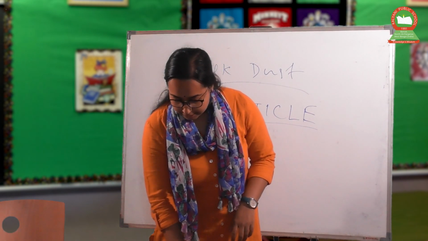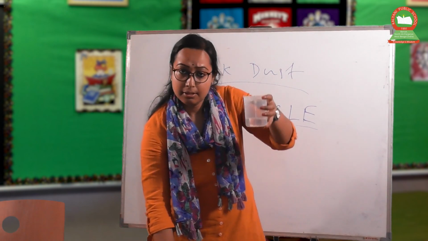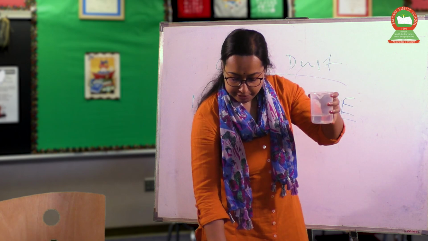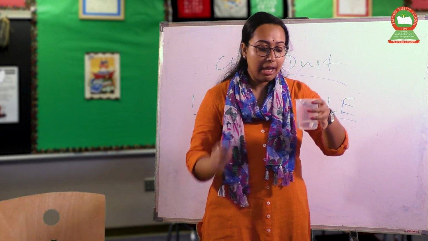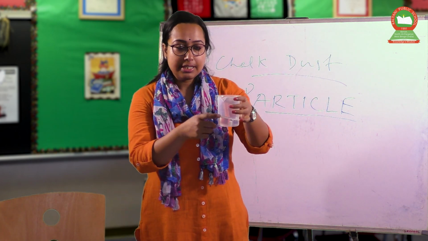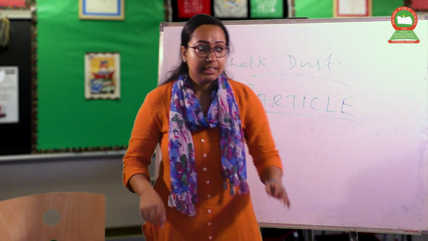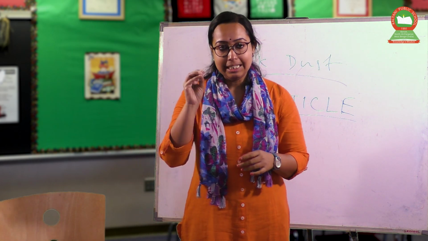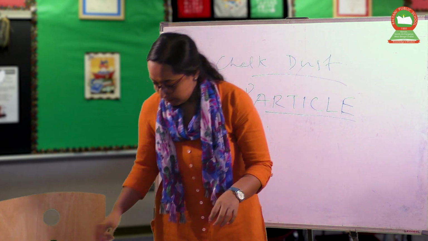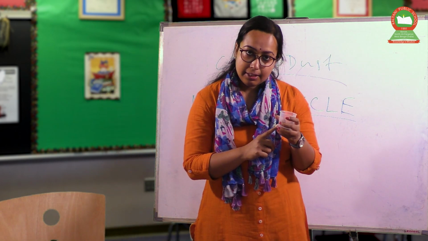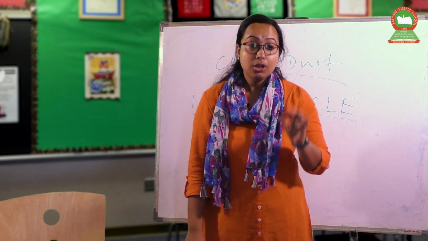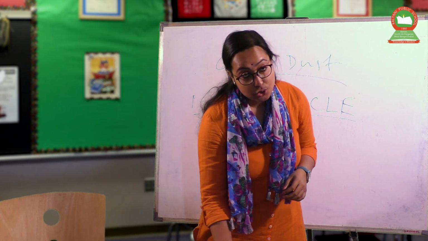So now, if there is a beaker and there is some water, if I add some chalk dust, what will happen? After some time, you can observe that the chalk dust is not miscible in this water. But if we take another beaker and get some water and add some sugar, everybody knows what sugar is.